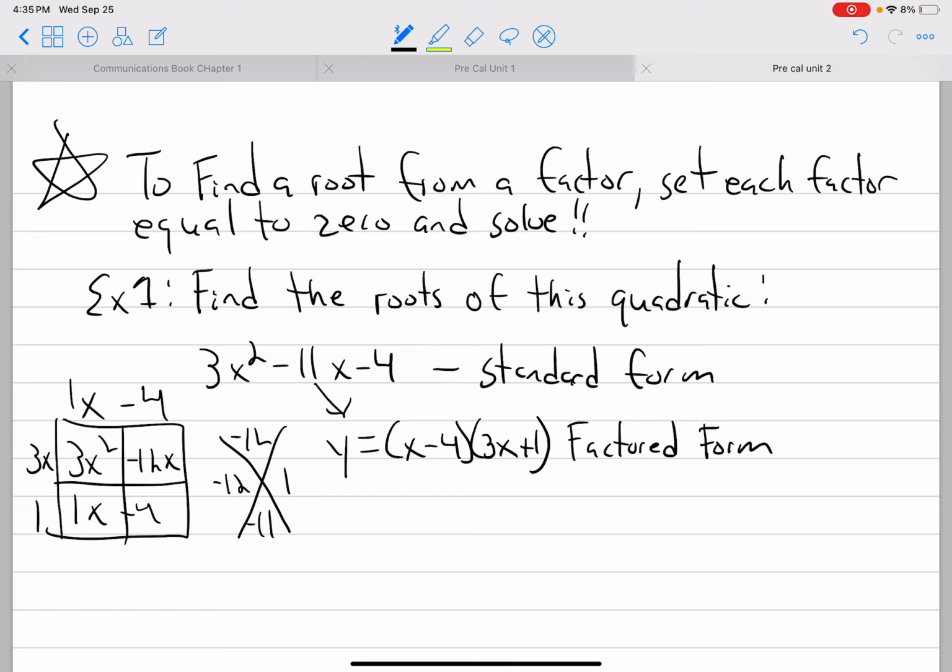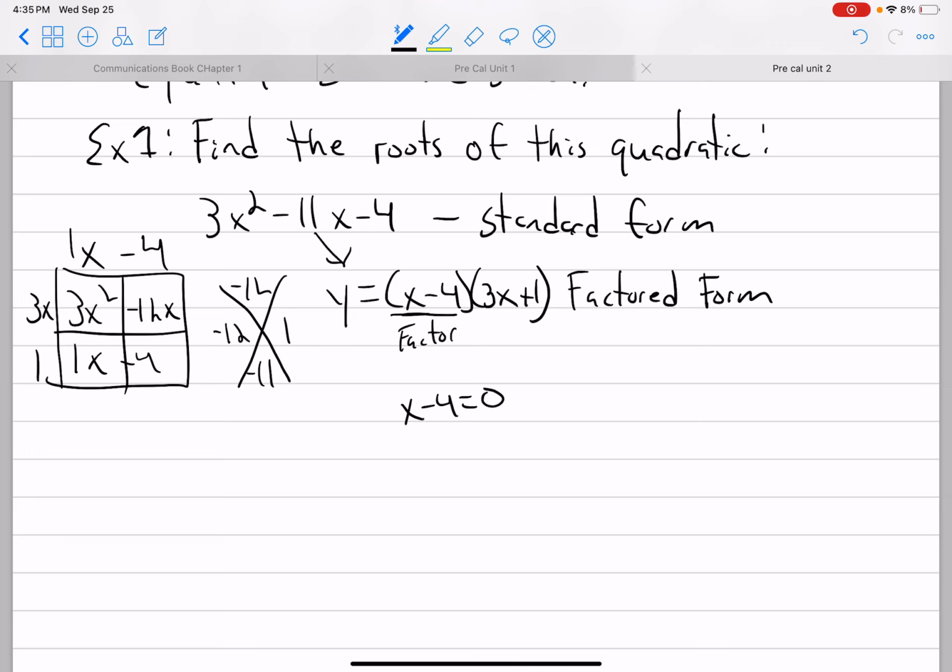Cool. Hopefully you did that and you're like, oh, okay. I'm going to take this factor and set it equal to 0. So one of these things has to be true. Either x minus 4 has to equal 0. So I get plus 4, x equals 4. So my root, aka my x-intercept, is when x is 4, y is 0.